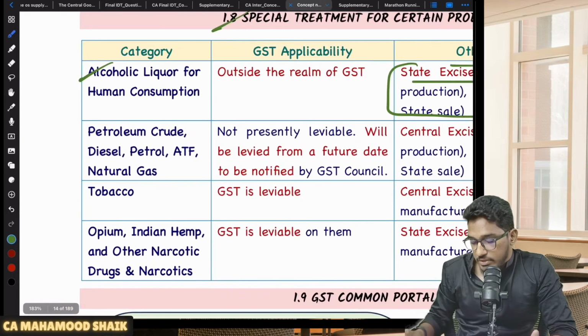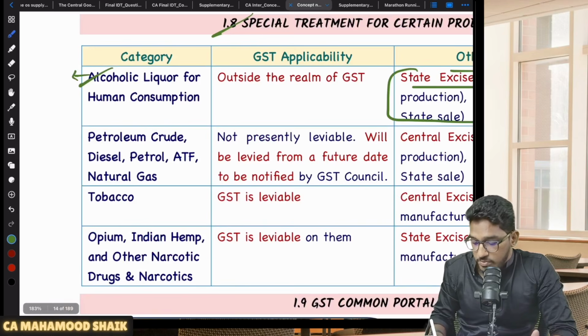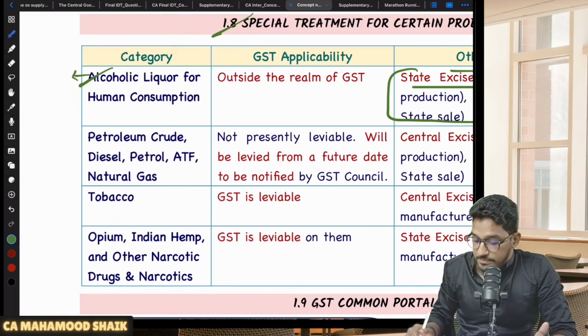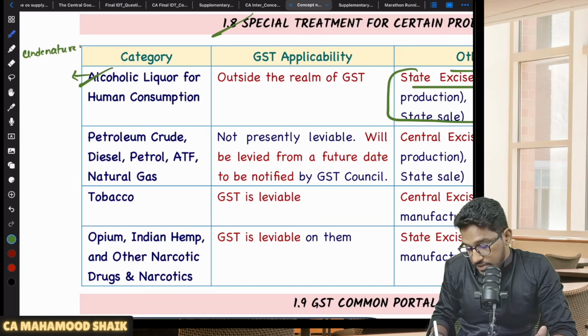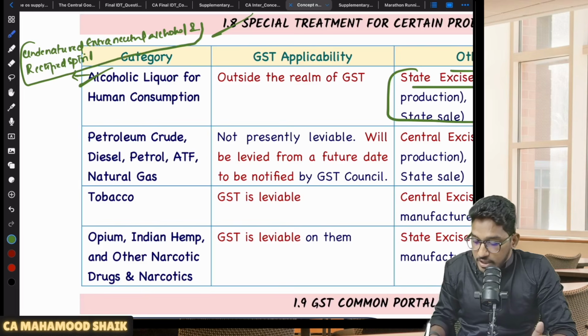And one more point I would like to add here. Not just alcoholic liquor for human consumption, there are 2 more products which are outside of the GST purview: undenatured extra neutral alcohol, and rectified spirit, which is used in the manufacture of alcoholic liquor for human consumption.